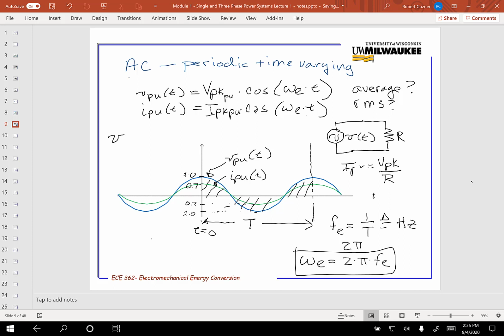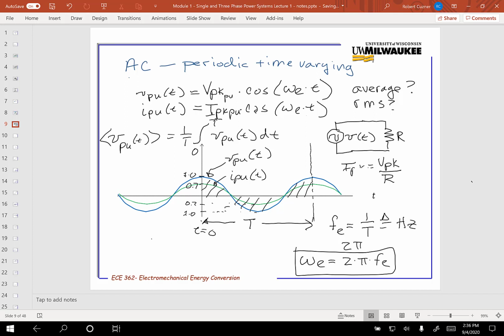V pu of t averaged, in this case, would be 1 over t integral from 0 to t of V pu of t dt.